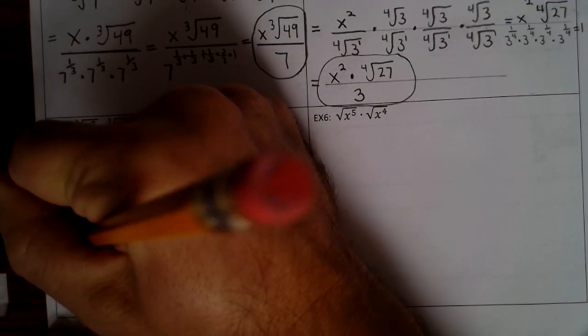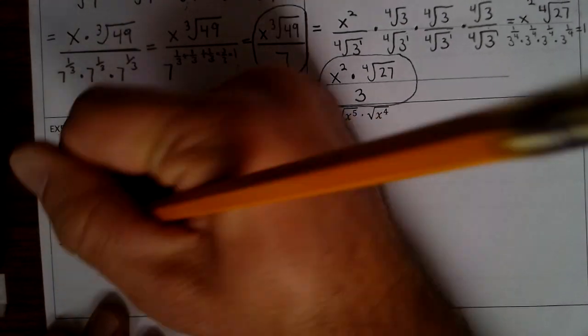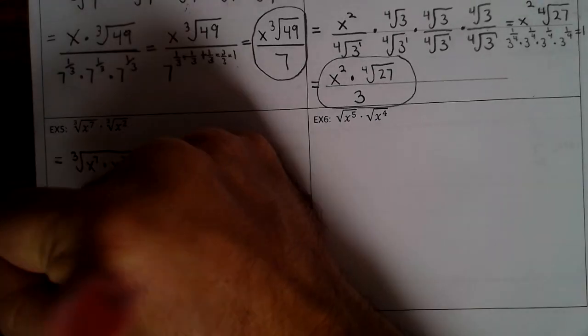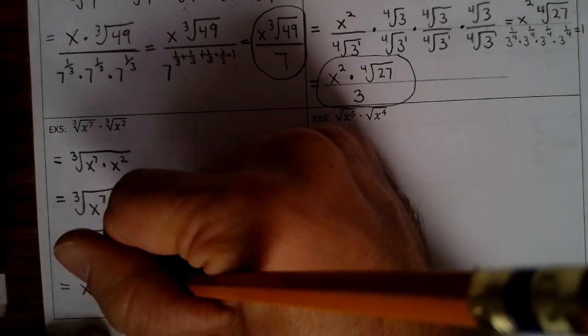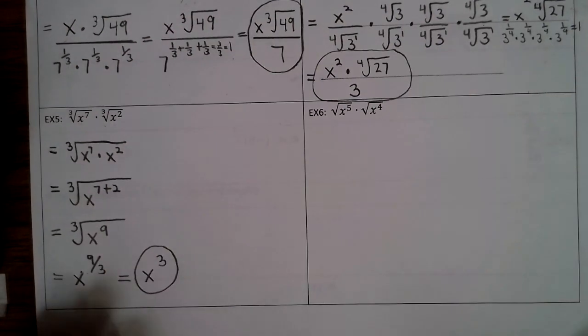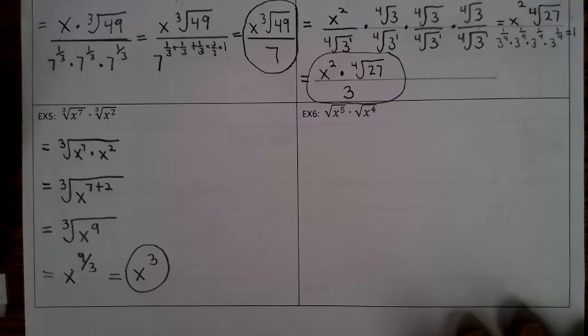And that can be written as x to the 9 divided by 3, which equals x cubed. All right, now, if there's not a root here, we put a 2. So this is a 2 here.